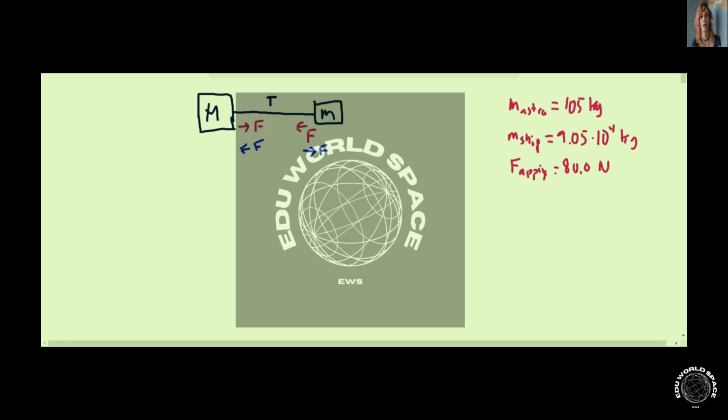Part A asks us what is the force of the cable on our astronaut. So the force of the astronaut on the cable is going to be equal and opposite, right? So we use our third law.